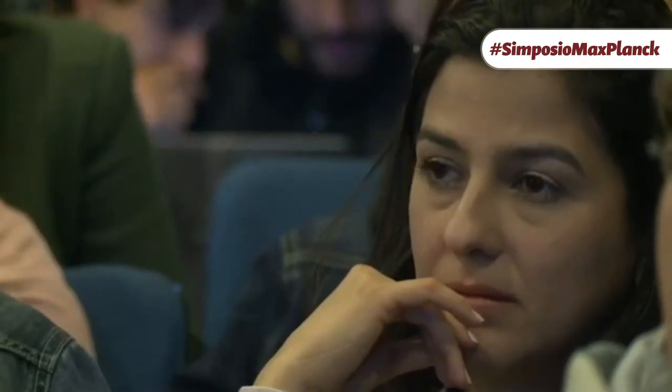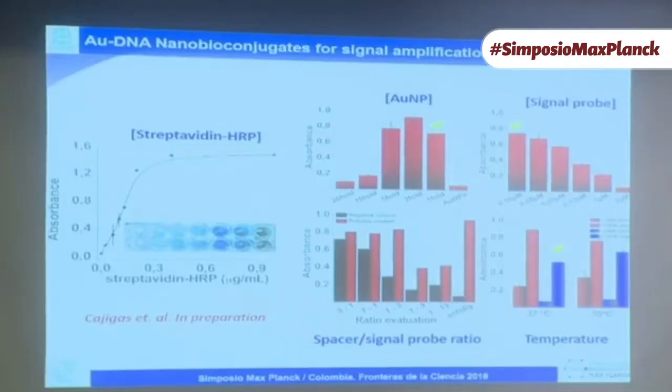We also study the effect of salt concentration, pH, hybridization temperature, and also the length of the DNA strands on the stability of the nanobioconjugate. We also study streptavidin HRP concentration, concentration of gold nanoparticles, signal probe, the ratio between the spacer and the signal probe, and also the hybridization temperature.